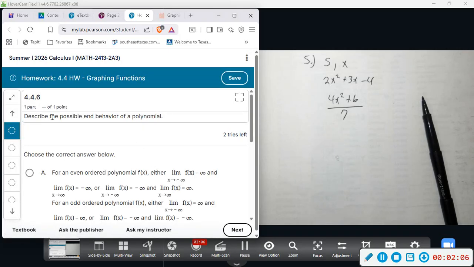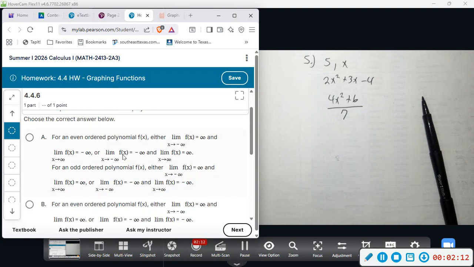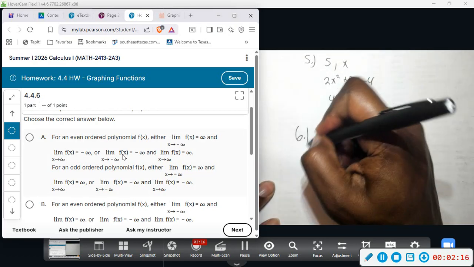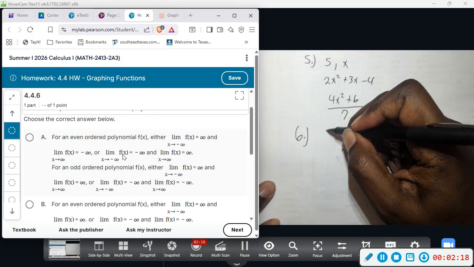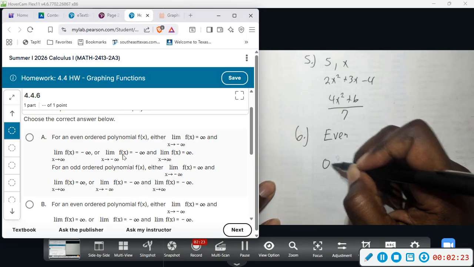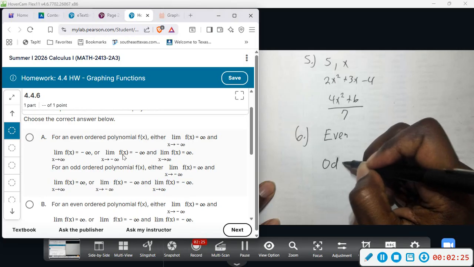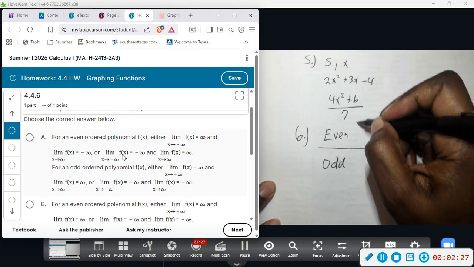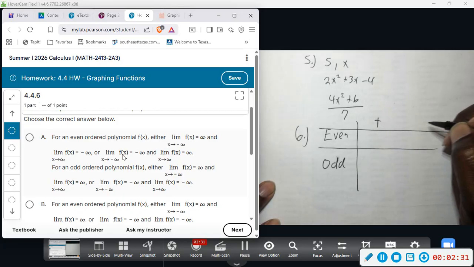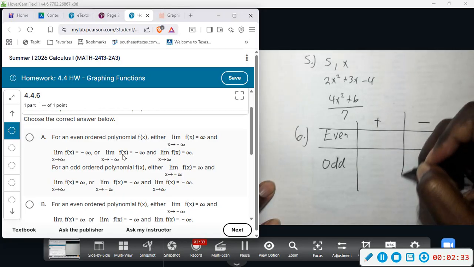All right, number 6, it wants us to describe the possible end behavior of the polynomial. So for any polynomial, just as a review, you can have even degree or odd, and then based on that, it's either positive or negative.